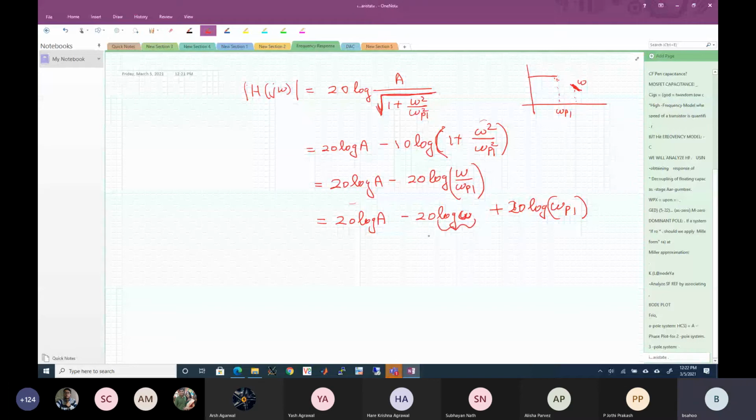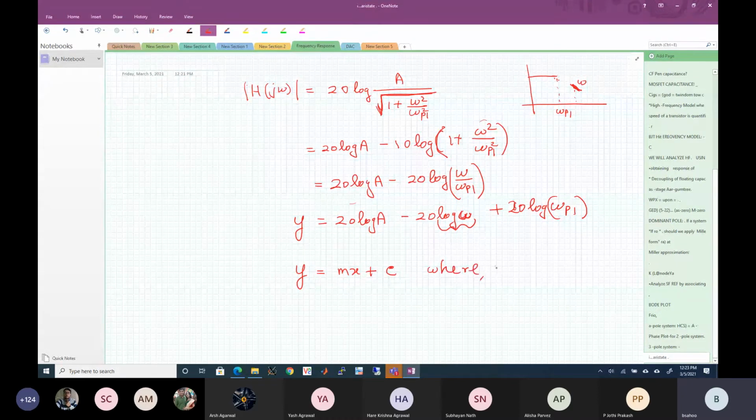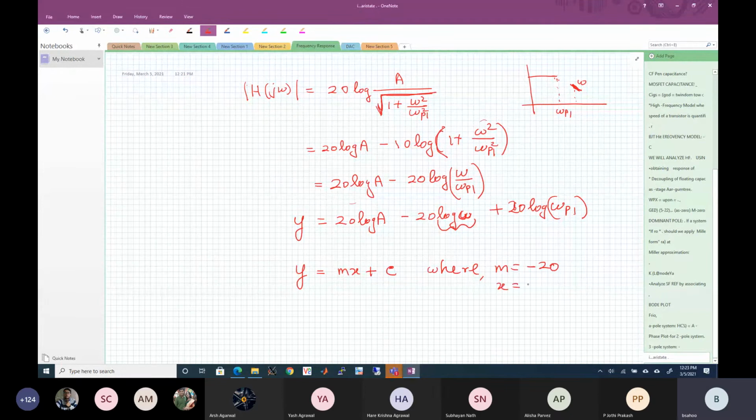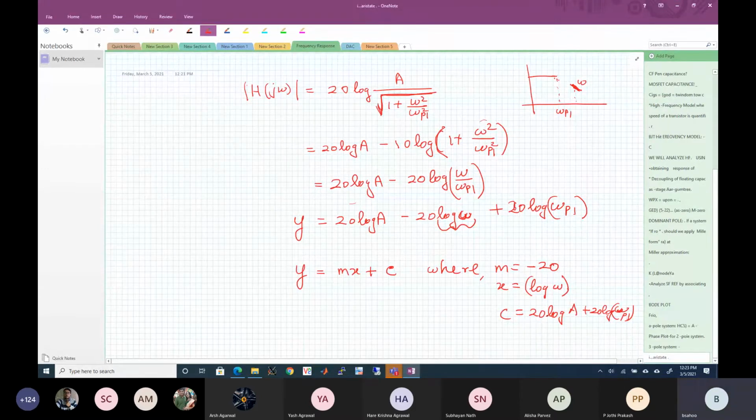So y equals mx plus c, where m equals minus 20, x equals log of omega, and c equals 20 log of A plus 20 log of omega p1. Does it answer your question? Yes or no? Subhadeep Nandi?